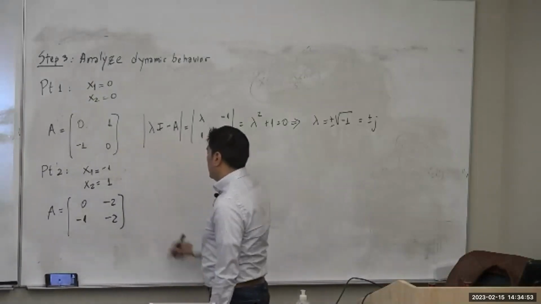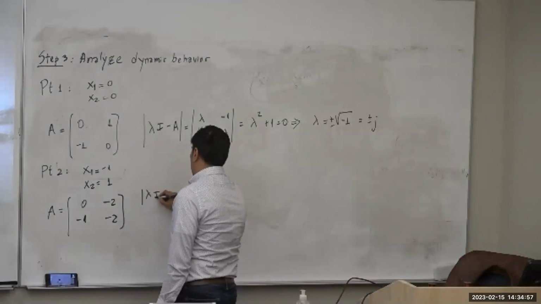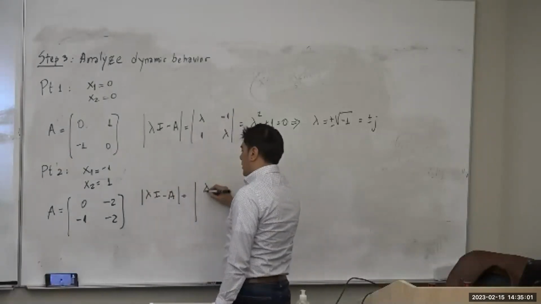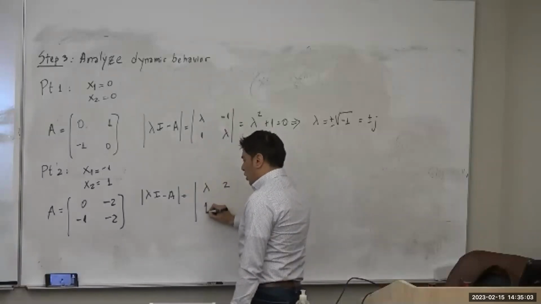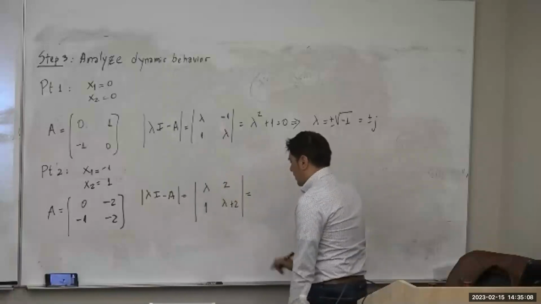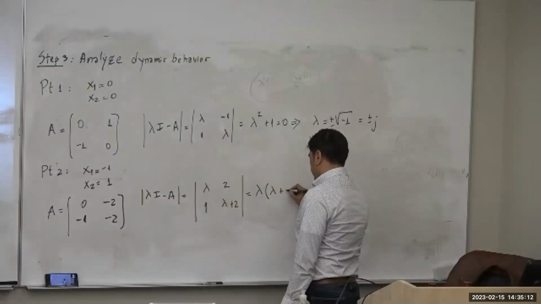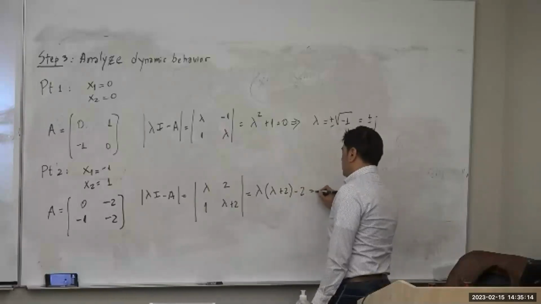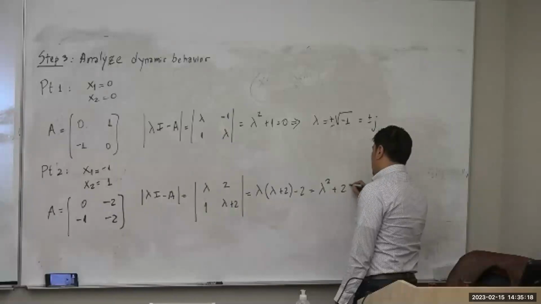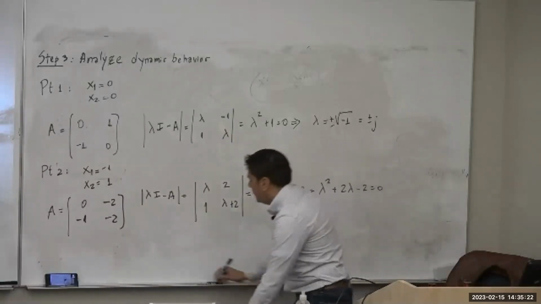That's the matrix, and we repeat the process. We get the characteristic equation: lambda, -1, 1, lambda plus 2. We get the determinant, which has the quadratic term, the linear term, and the constant term equal to 0.